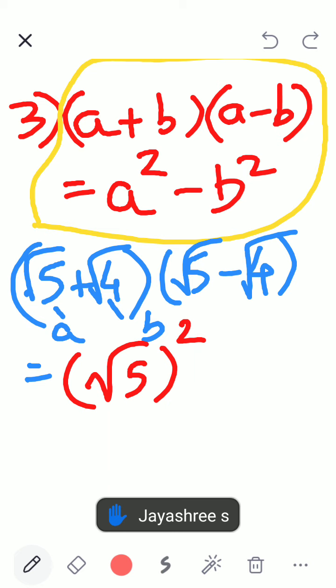Look up the formula. No, no out of turn children. Let Jayashree answer. Jayashree, look up. A square minus B square. Yes. Square. What is root 5 whole square?